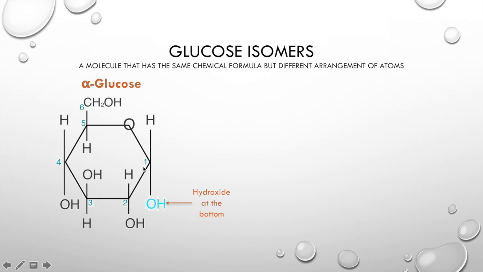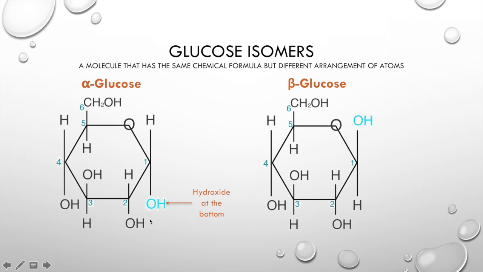So it's bonded to this carbon, but it's located at the bottom. In beta glucose, it looks almost exactly the same, but that hydroxide is now located at the top of the first carbon. So the difference between alpha and beta glucose is the positioning of the hydroxide on the first carbon.